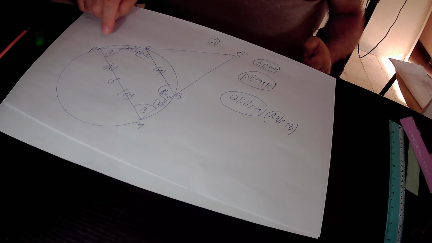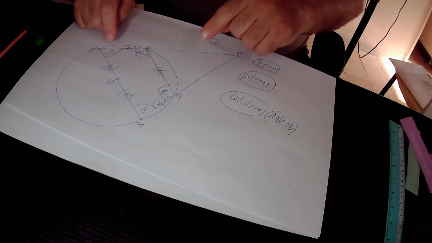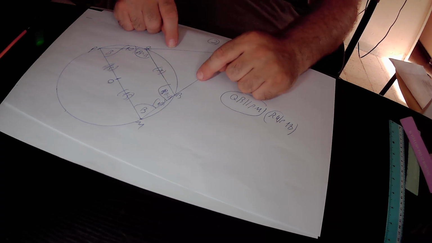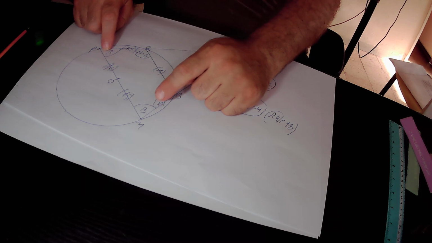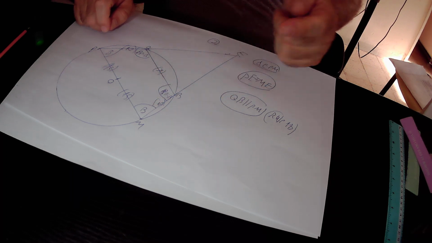In front of this side PE, we have this angle. In front of this side EM, we have this angle. Because those two angles are located in front of two equal sides, they must also be equal in their sizes. So if the size of this angle is beta, then the size of this angle must also be beta.